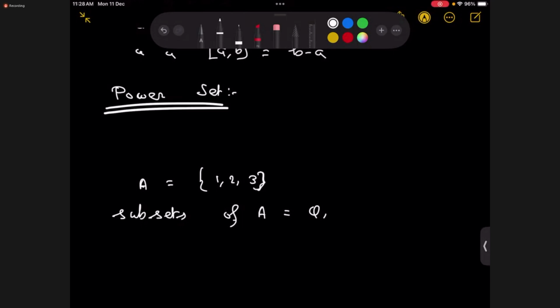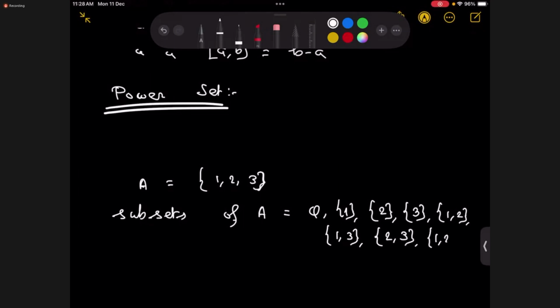Then {1}, {2}, {3}, {1, 2}, {1, 3}, {2, 3}, and we already know that every set is a subset of itself.